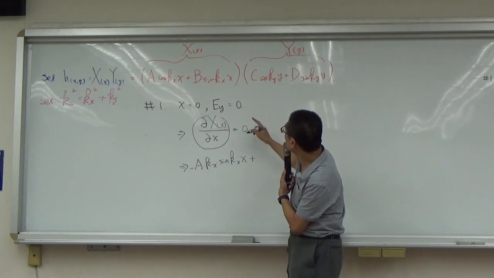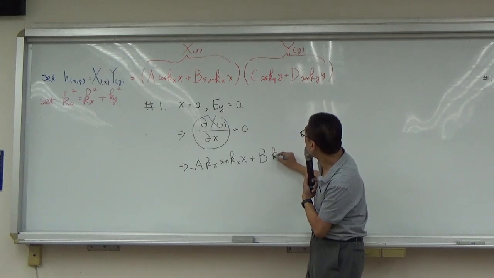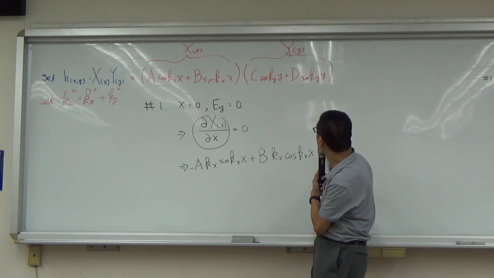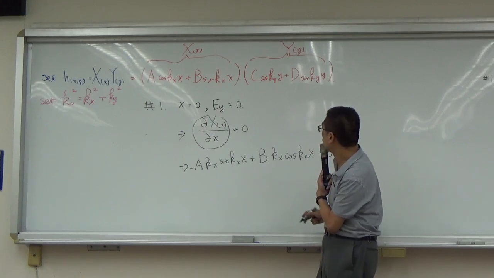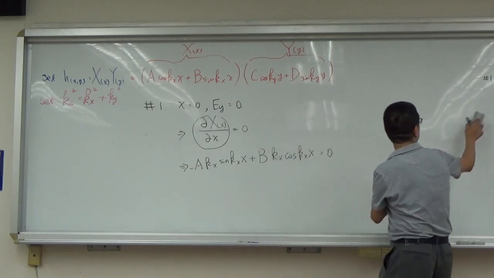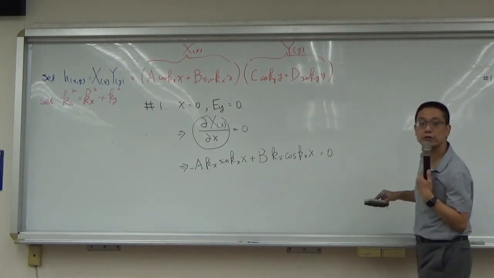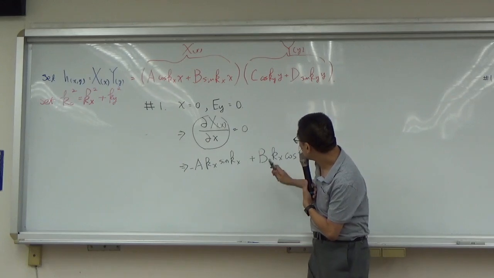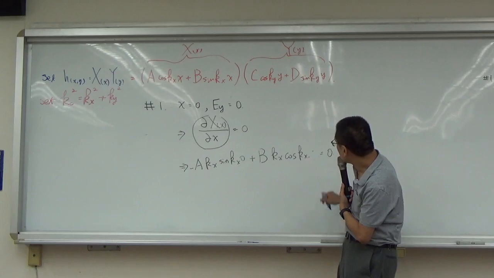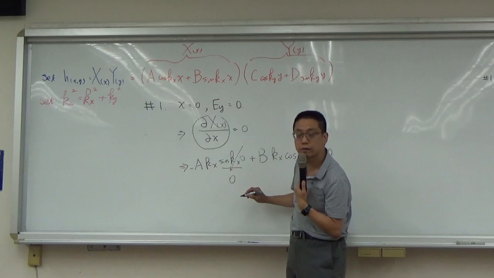It's time to review your calculus, right? B, Kx cosine KxX equals to 0. And we know x is 0, right? Boundary condition. This one is 0 and x is 0. Sine 0 means 0.